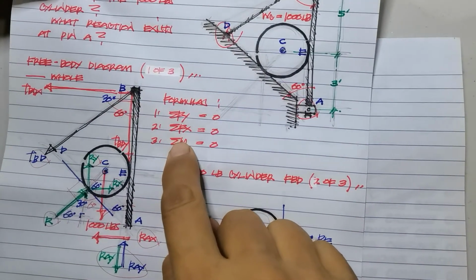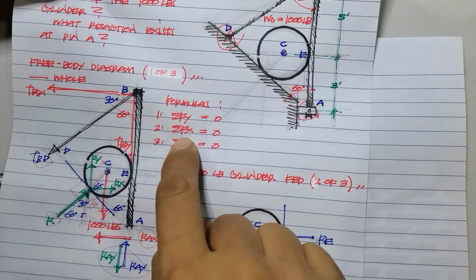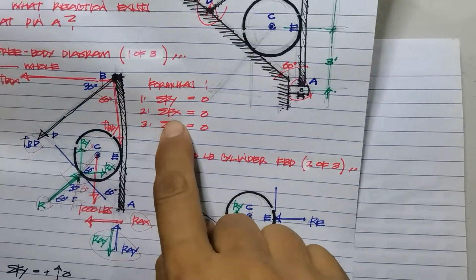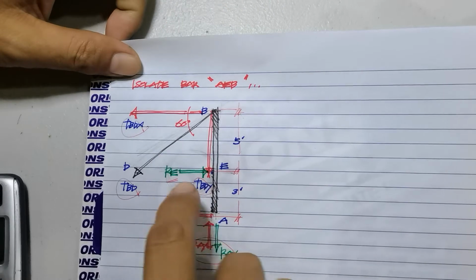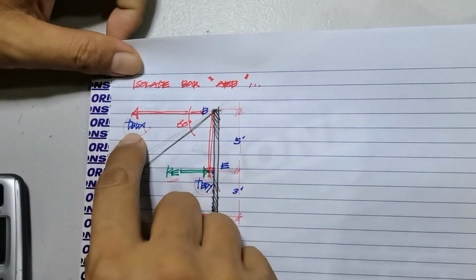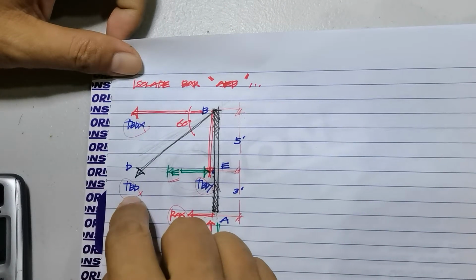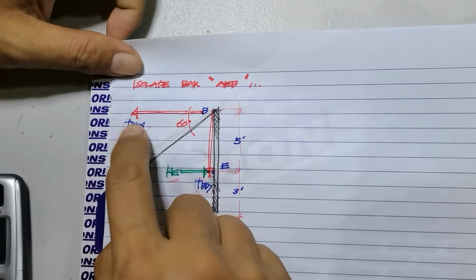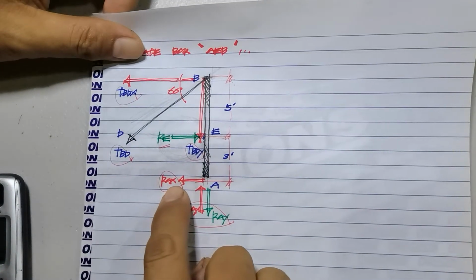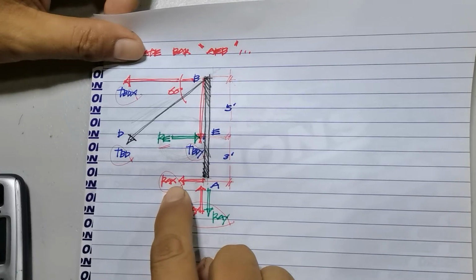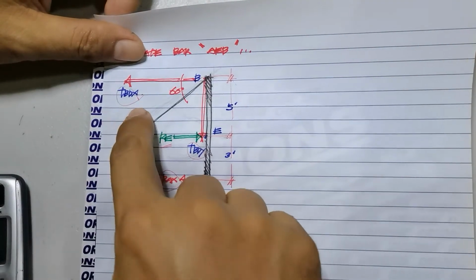So, what if ang gawin naman natin is gumawa tayo ng X equation or horizontal equation? So, horizontal equation, consider natin lahat ng horizontal components of force, TBD of X. Since wala tayong TBD, hindi natin pwedeng kuhanin yung value ng TBD of X. Another one is wala tayong value ng RA of X. Diba? So, in this case, lumalabas dalawang unknown.